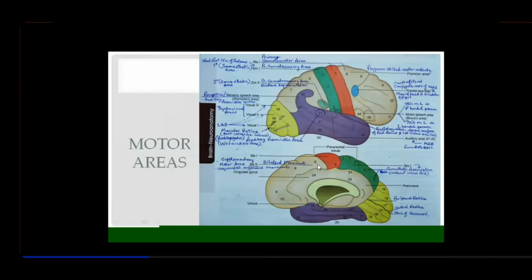And the supplementary motor area, I think I gave you that example before of the South Indian dance Kathakali. It gets involved when there are bilateral movements. It produces bilateral sequential movements and organized movements.